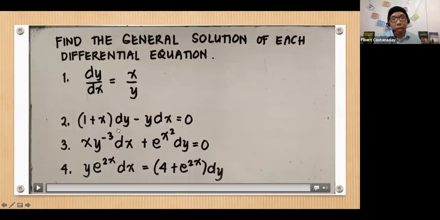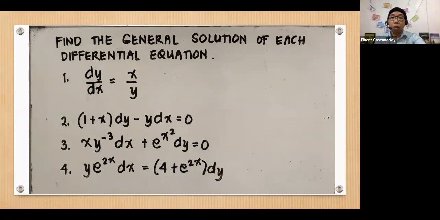The second one is 1 plus x times dy minus y dx equal to 0. The third is x times y raised to negative 3 times dx plus e raised to x squared dy equal to 0. And lastly, y times e raised to 2x times dx equals 4 plus e raised to 2x times dy.